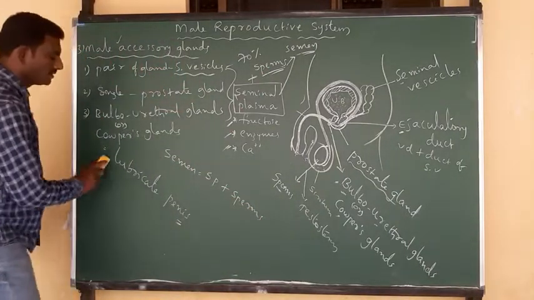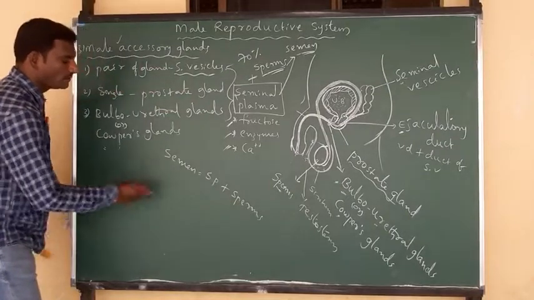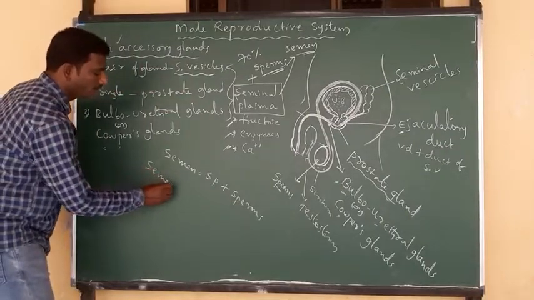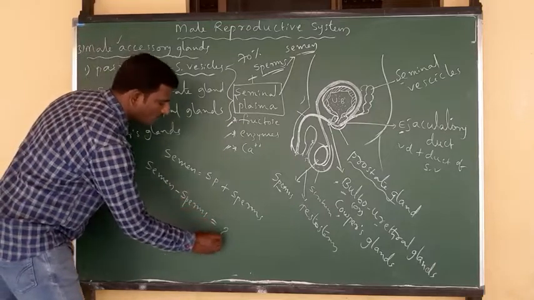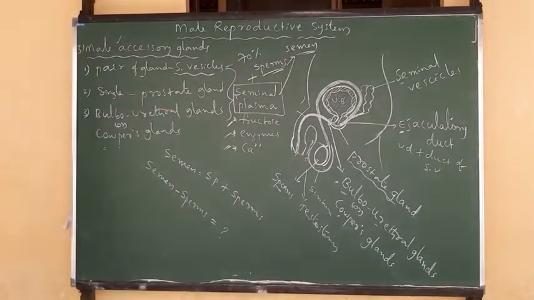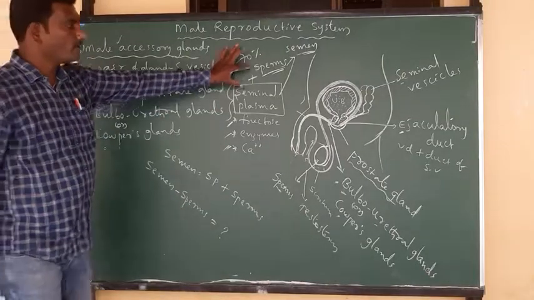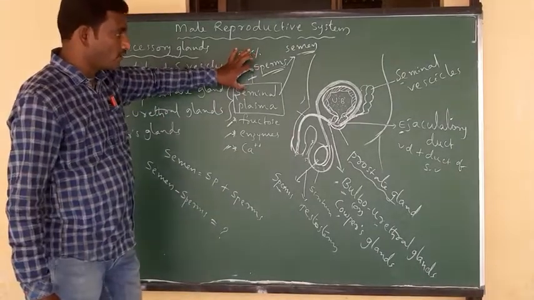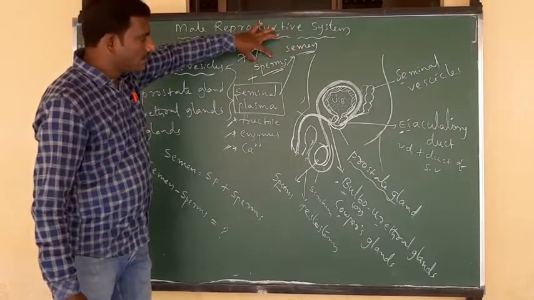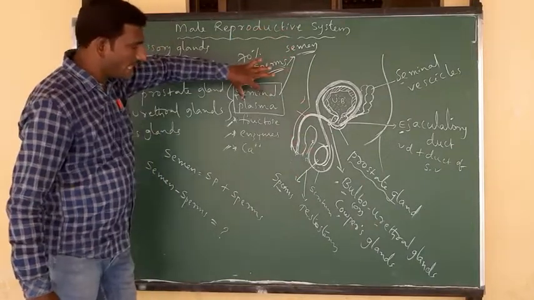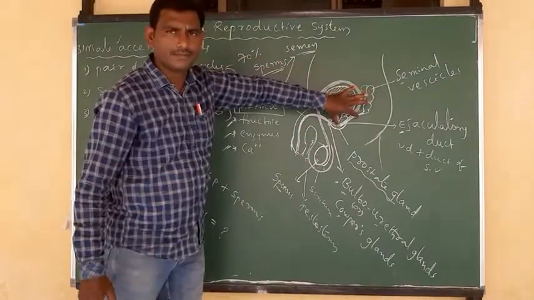Based on this, some questions are asked like this: semen minus sperms is equal to what? What is semen? The group of sperm cells and seminal plasma together is called semen. Here sperm cells come from the testis, and seminal plasma comes from the glands.